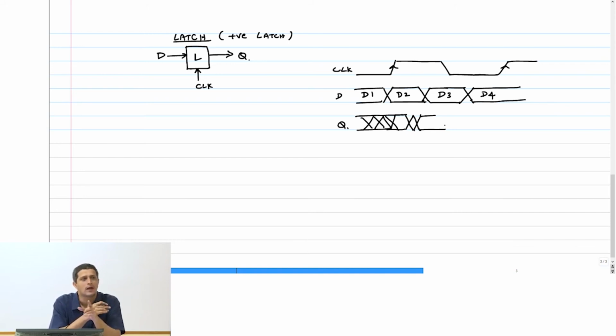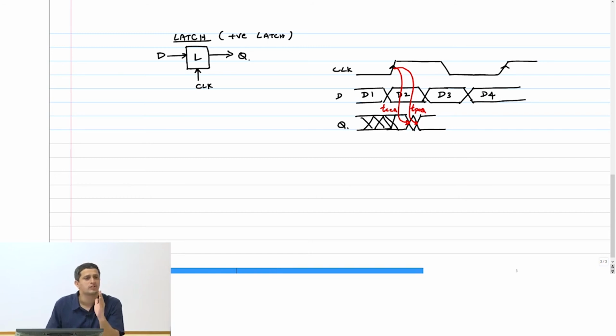Therefore, the delay now has to be clock to Q delay, right? So these T, C, C, Q and T, P, C, Q. Yeah. Q.